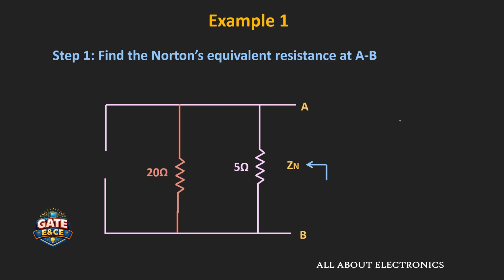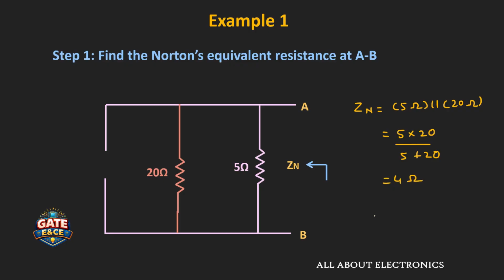So the equivalent resistance which is seen through the terminals A and B will be the parallel combination of this 5 ohm resistor and the 20 ohm resistor. That means ZN will be equal to 5 ohm in parallel with 20 ohm. That is equal to 5 times 20 divided by 5 plus 20 ohm. That is equal to 4 ohm.